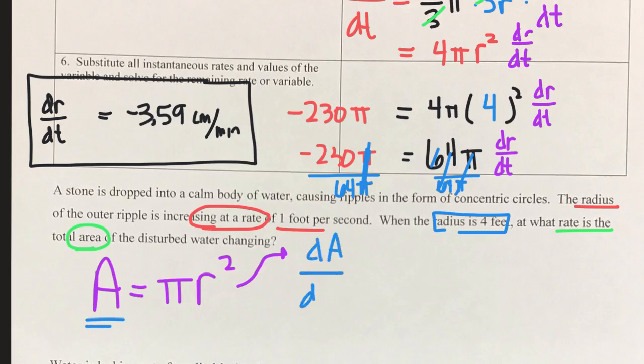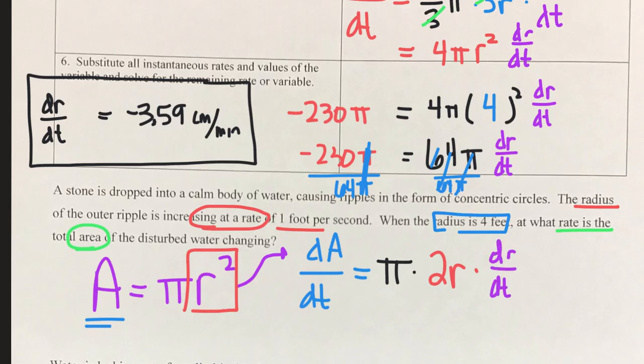So the derivative of area is dA dt, right? That's what we're trying to find, the rate of change of area. It equals our constant, which is pi, times the derivative of r squared, which is 2r times dr dt. Every variable gets a derivative with respect to time.